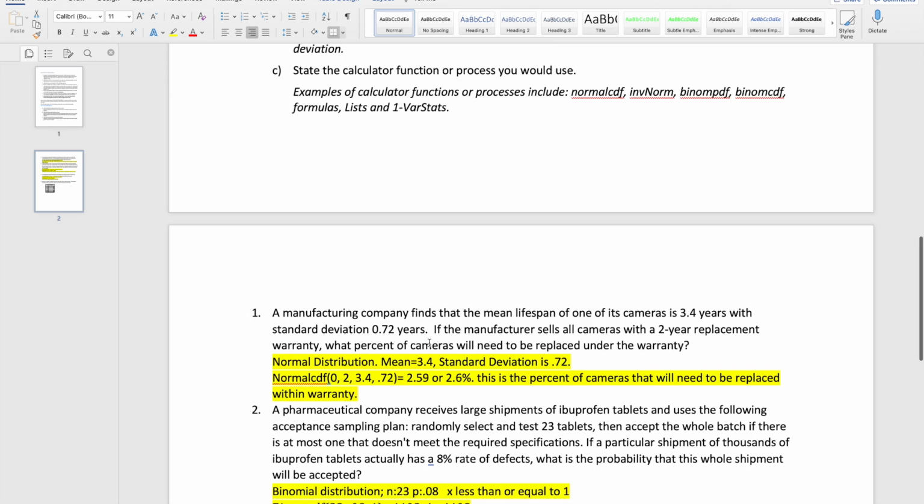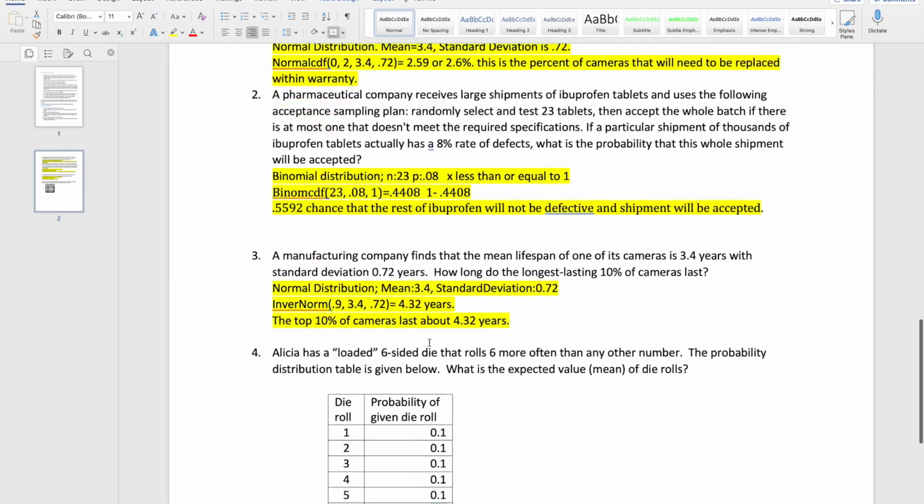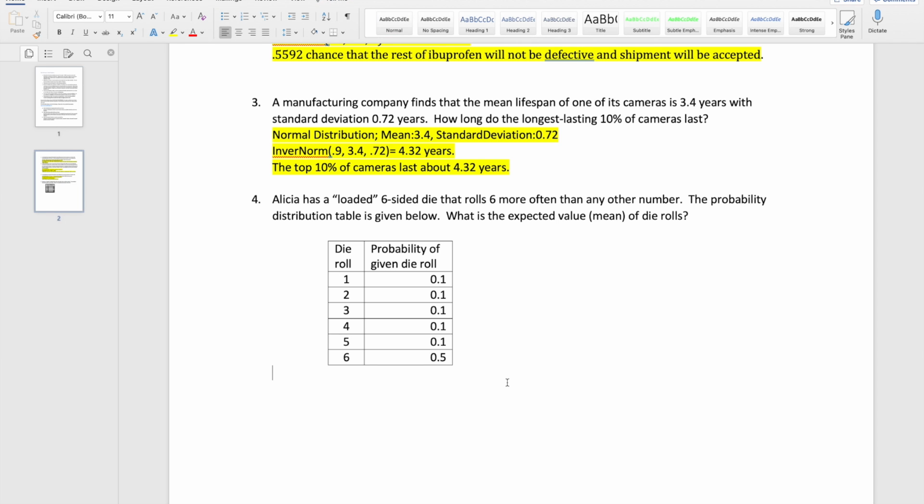So this would be a discrete probability distribution. How I know that is, let's see, 0.5 and then 0.1, 0.1, 0.1, yeah, that adds up to 1.